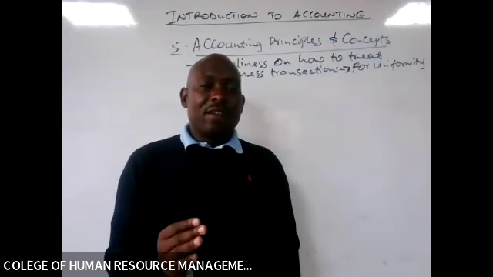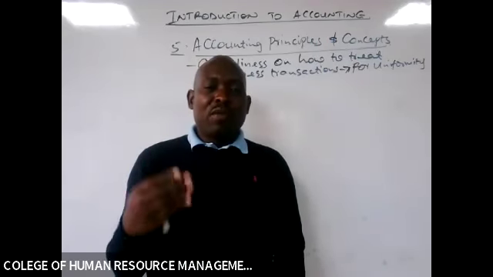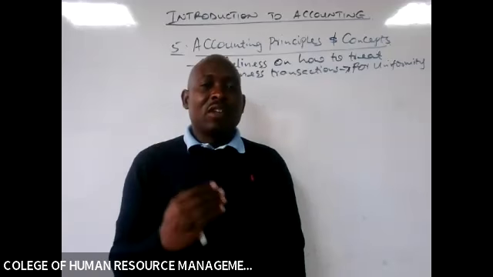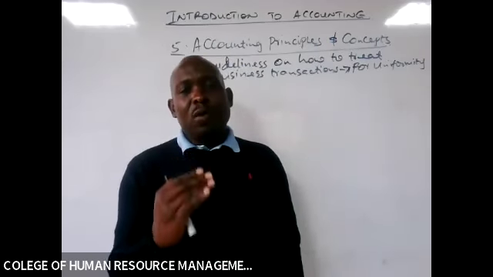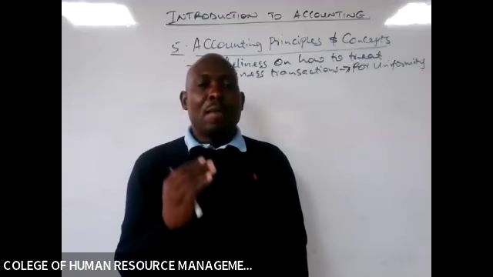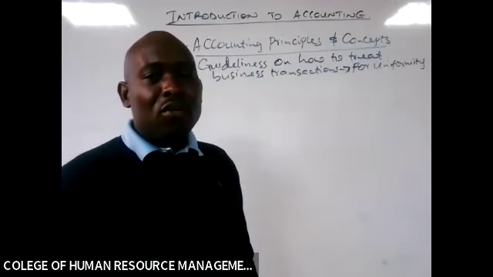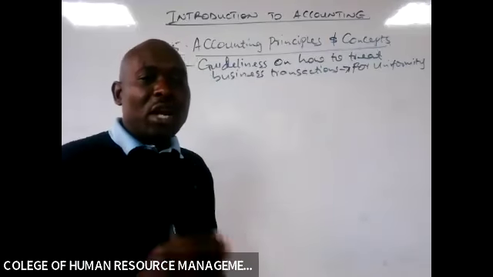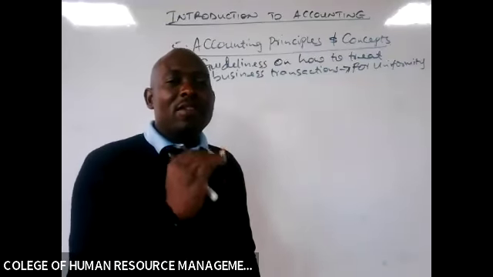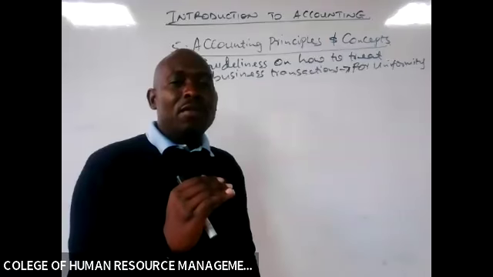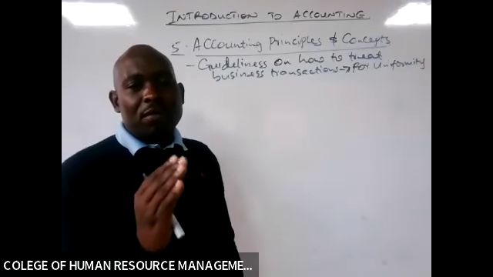So those guidelines, which are meant to ensure that there is uniformity on how the books of accounts and business transactions are treated, are the ones we are talking about as the accounting principles and concepts. There are like 10 of them. So you need to understand the explanation and the meaning of each one of them, because in the examination they have a tendency of testing 5.